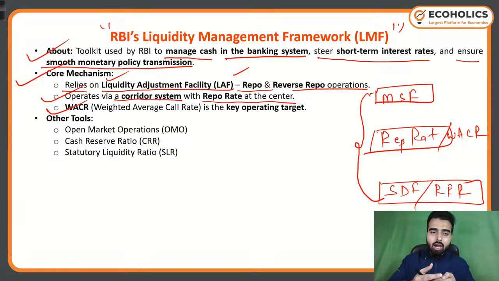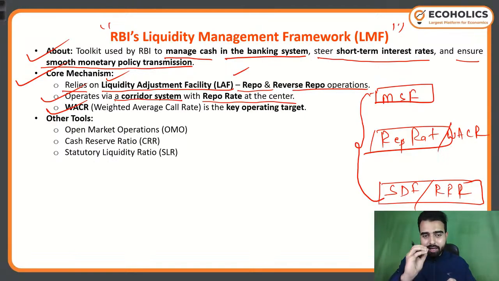So if RBI regulates the weighted average call rate, then the entire market will get impacted. Via the monetary policy statement and various liquidity management steps, RBI tries to influence this particular interest rate only.